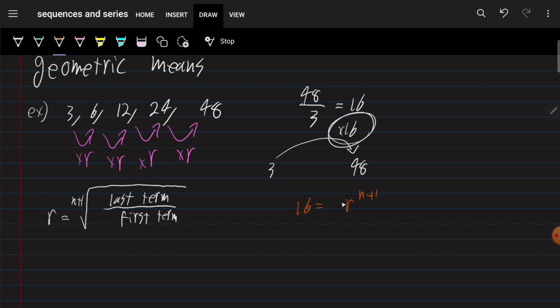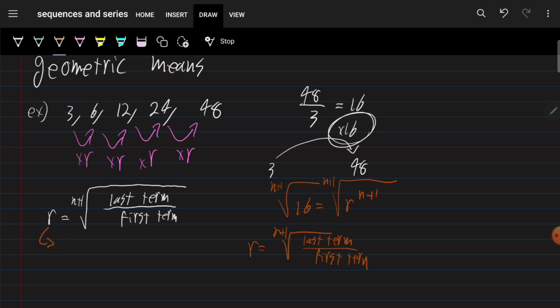In order to solve for r, we have to take the n plus 1 root on both sides. So r is equal to the n plus 1 root of 16. And how did we get the 16? The 16 was the last term over the first term.